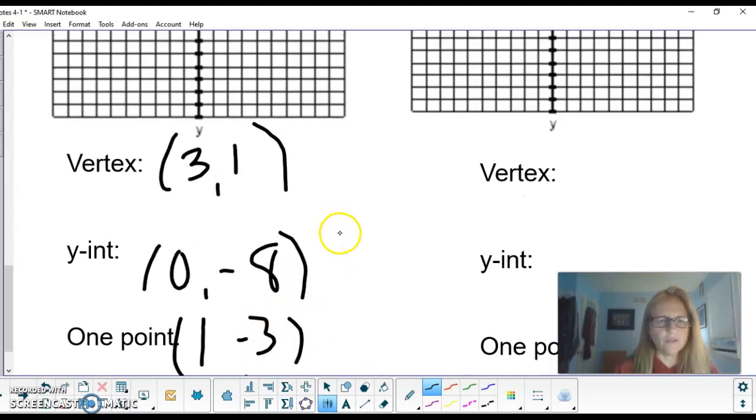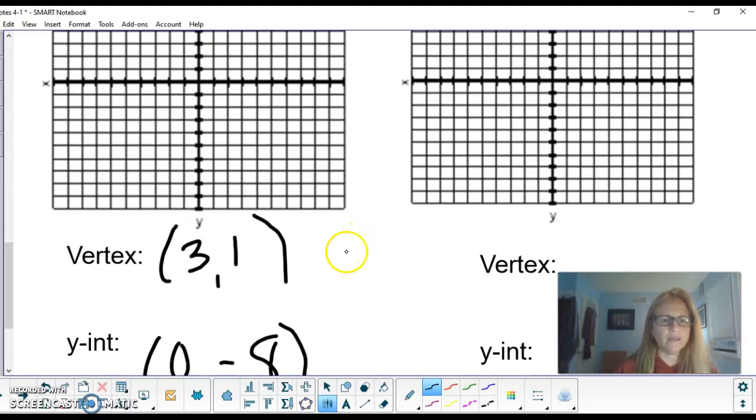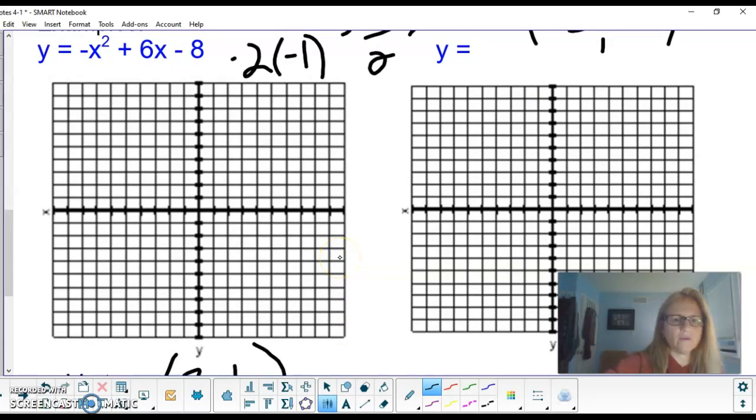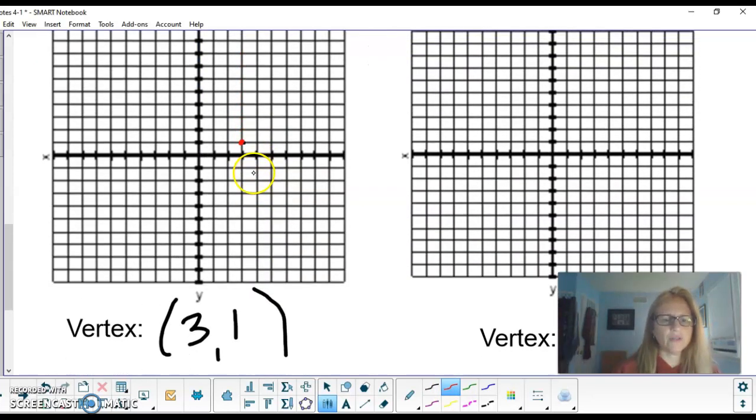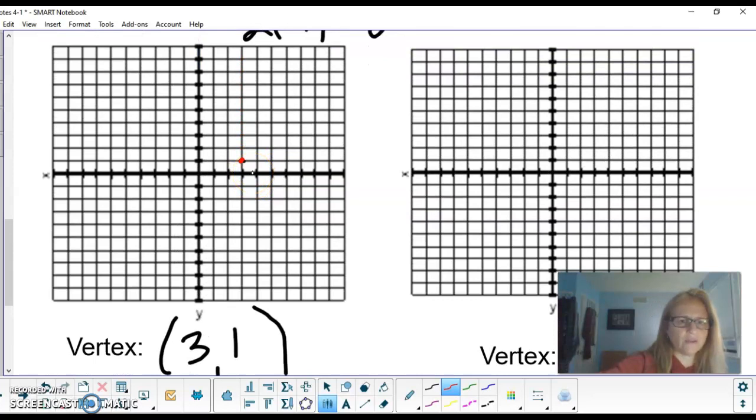All right. So then your graph would be (3, 1). So right up 1. I'm going to use a different color so it shows up. And then we're going to do (0, -8). So that's all the way down here. 1, 2, 3, 4, 5, 6, 7, 8. And since that's 3 units away from the axis of symmetry on the left, we're going to go 3 on the right, make a point.